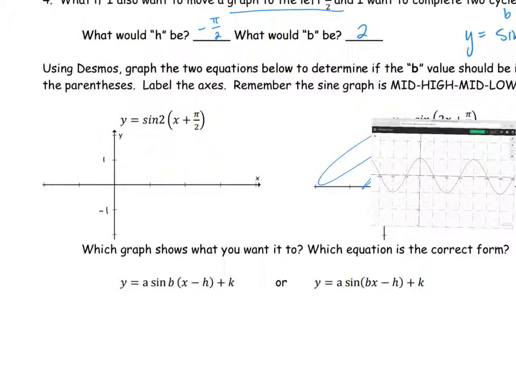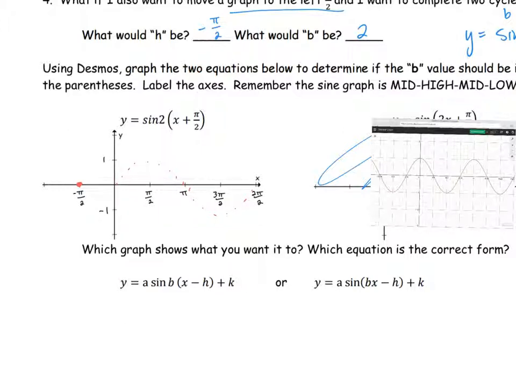This moved over pi over 2 to the left, so I need to go into the negatives: negative pi over 2, pi over 2, pi, 3 pi over 2, 2 pi. Remember that my original sine graph went like that. That was the original. This one, I want it to start here.